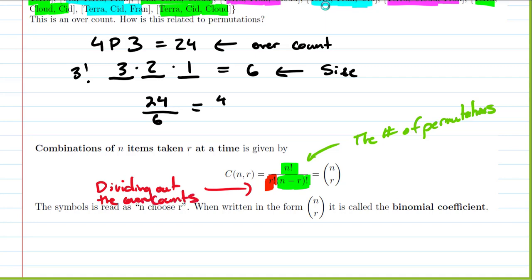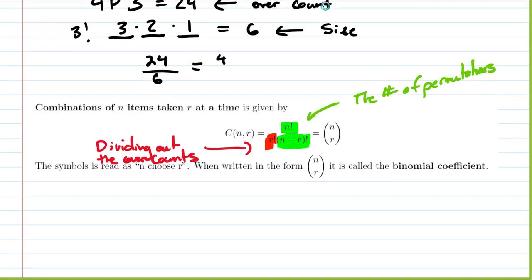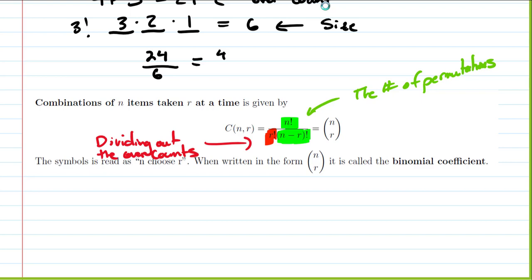And that gives us our formula. So this symbol is read as n choose r, and it can also be written in a form that looks like this, kind of like a big fraction without a fraction bar, and that is called, when it's written in that form, the binomial coefficient. And our formula is this: n factorial divided by r factorial times n minus r factorial.